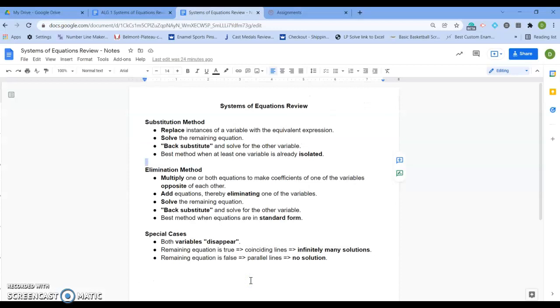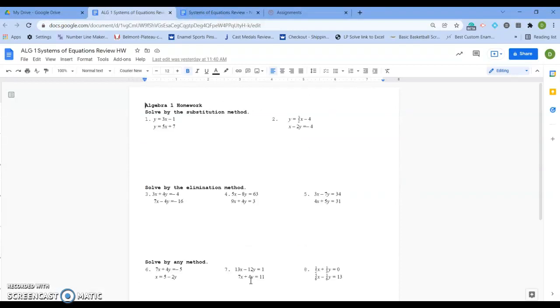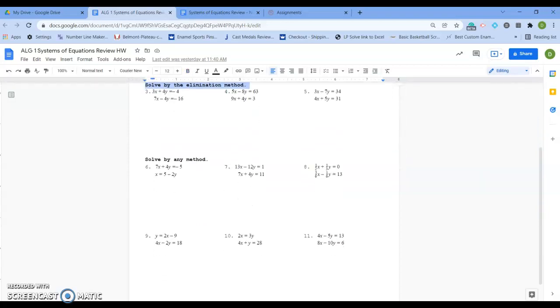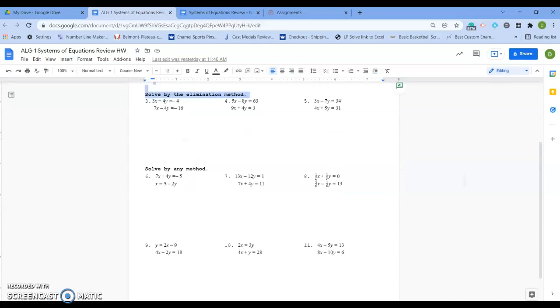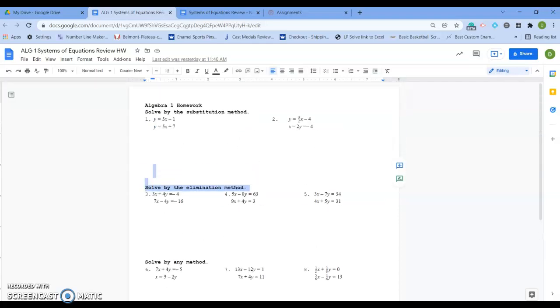So you have a homework assignment where you're going to solve a couple problems using the substitution method, a few using the elimination method, and then 6 problems using whatever method you choose. Do these in your notebook, normal homework submission procedures. So just label this system of equations review homework and submit that online.